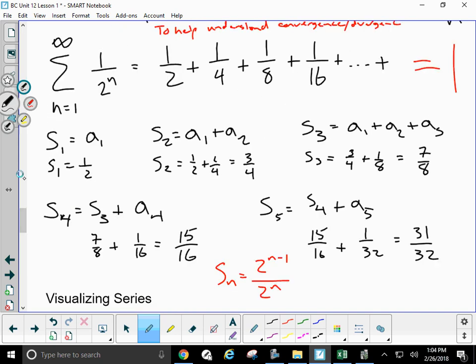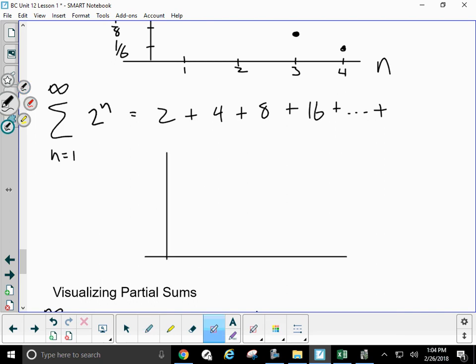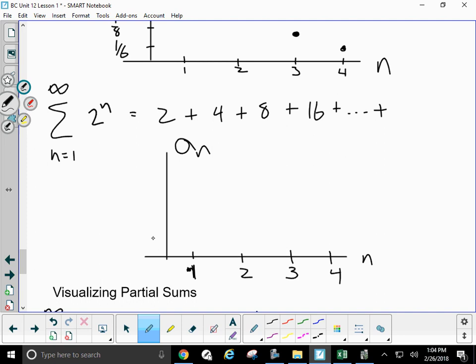You can do it for things that don't approach 0. Here we have 2 to the n: 2, 4, 8, 16, 32. N equals 1, 2, 3, 4. I'm listing off the terms A sub n: 2, double that, 4, double that, 8, double that, 16.